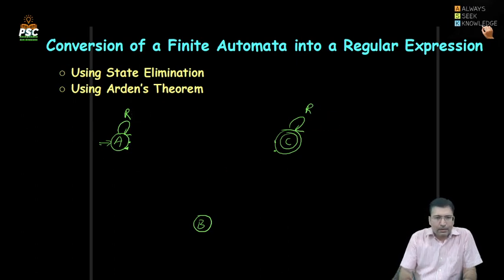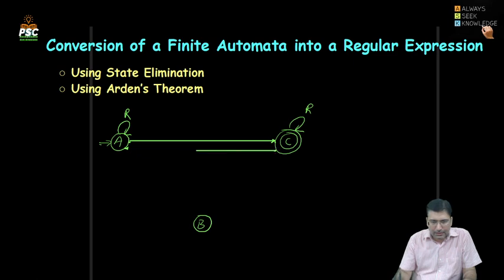Okay, so you are having a path from A to C and C to A. Okay, we are having a path like this.